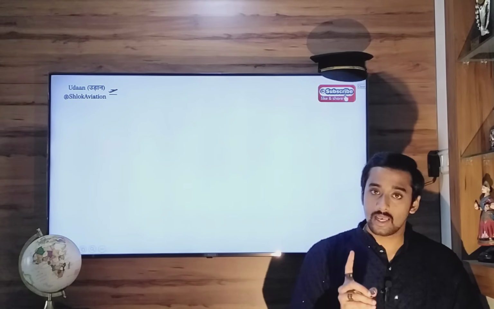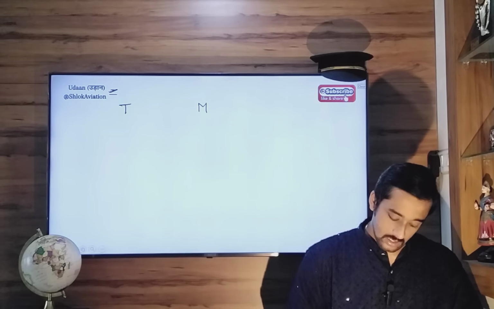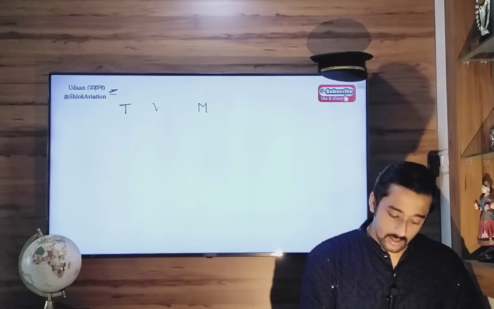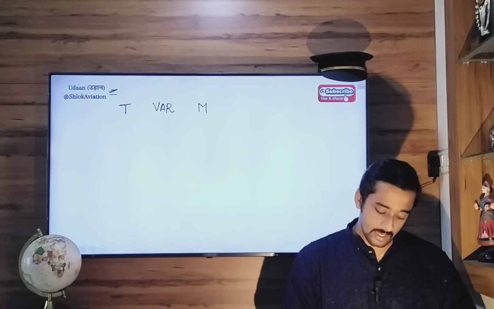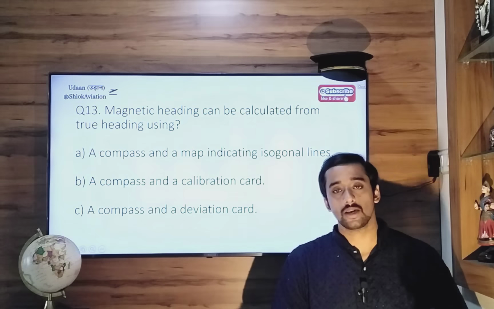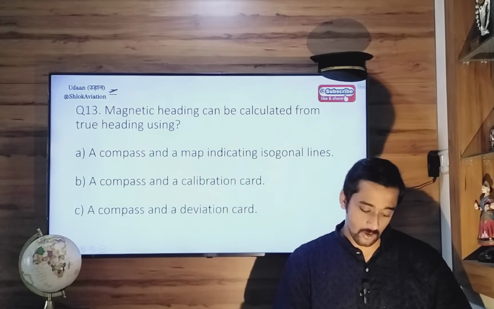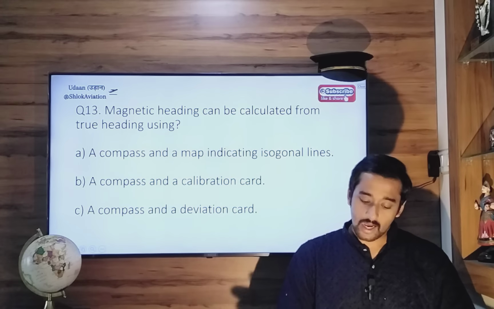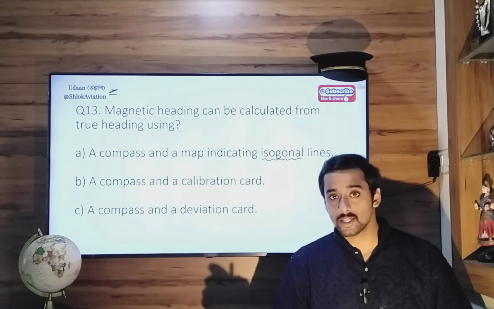The link between a true heading and magnetic heading is variation. So if you want to derive magnetic headings from true headings, you will have to make use of variation lines shown on the charts that you are using, VFR, IFR, whatever. Isogonal lines are nothing but lines joining places of equal magnetic variation.